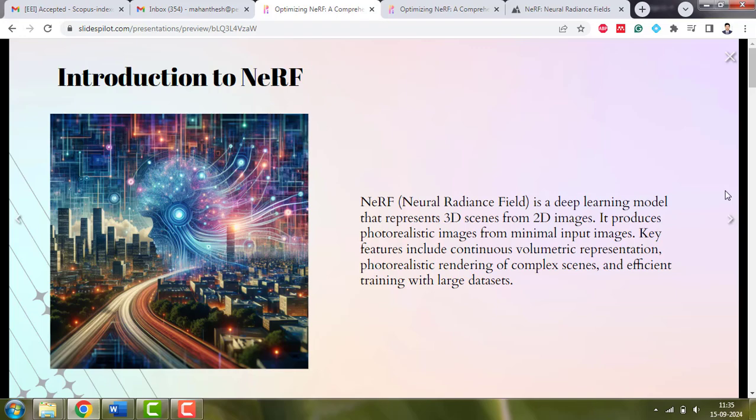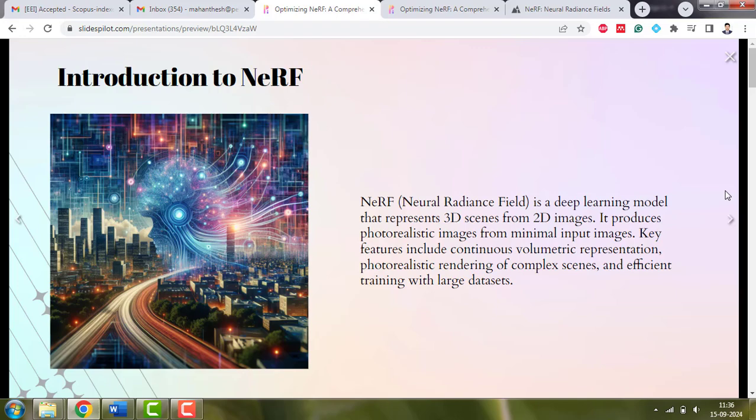What is NeRF? Neural Radiance Field is a deep learning model that represents 3D scenes from 2D images. It produces photorealistic images from minimal input images. The key features include continuous volumetric representation, photorealistic rendering of complex scenes, and efficient training with large datasets.